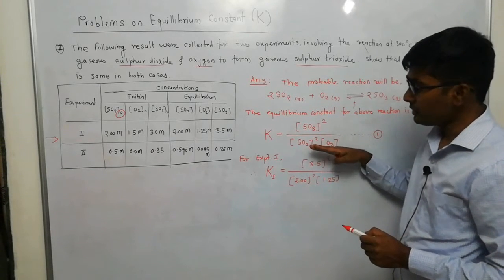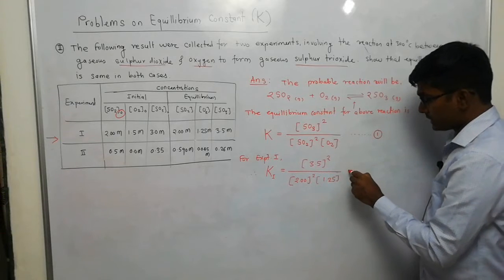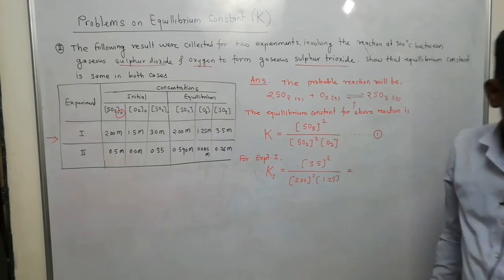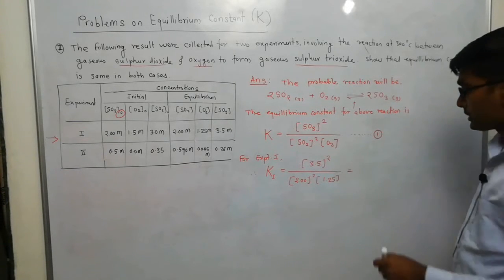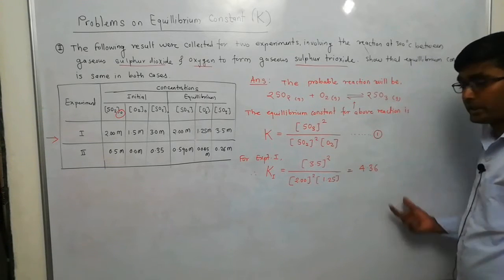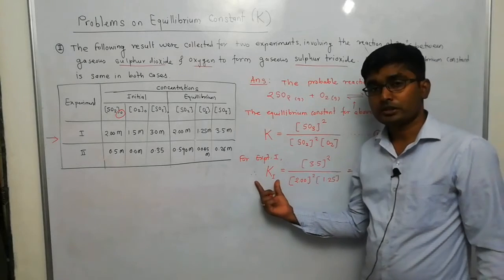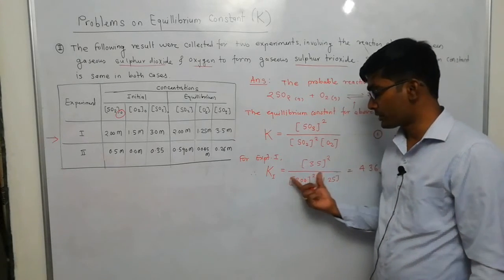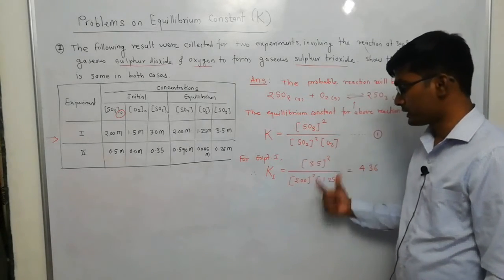Clear? If we solve this, its value comes to around 4.36. The equilibrium constant has no unit, because it is a ratio of the same two quantities.